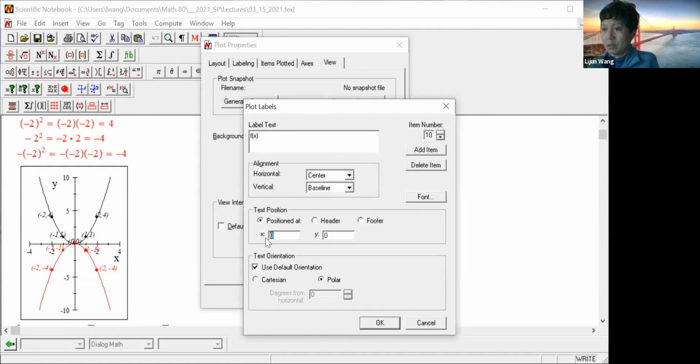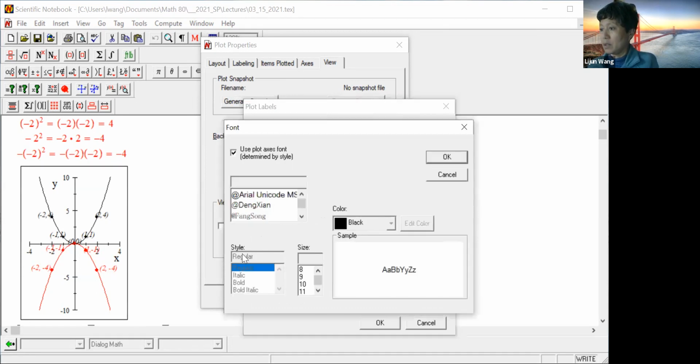So one final mark. I'm going to make this 2, and that's going to be 6. So this is f.